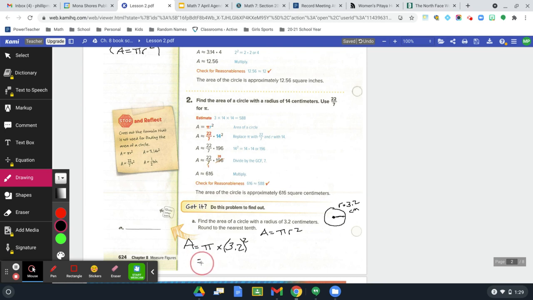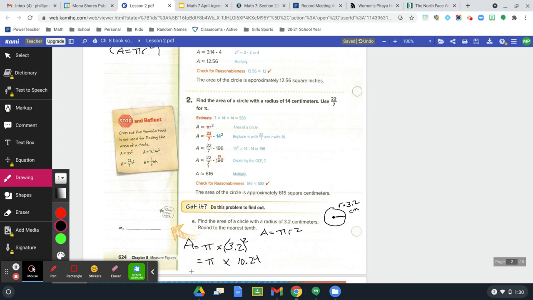When we work this problem out, we actually have to think about order of operations, which means you have to do your exponents first before you then multiply. So on your calculator right now, 3.2 squared. If we do 3.2 times 3.2, remember when you square a number, you're multiplying it by itself. 3.2 times 3.2. And hopefully what you see is this value right here, 10.24. That's taking care of the exponent first.